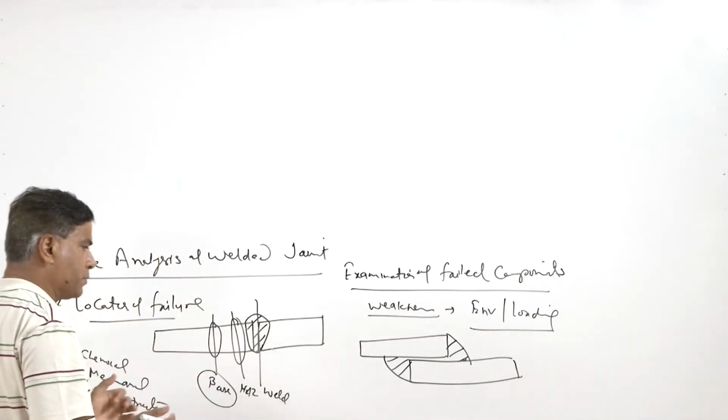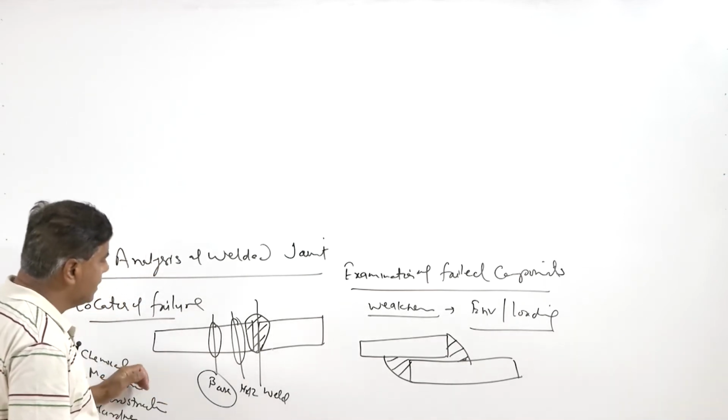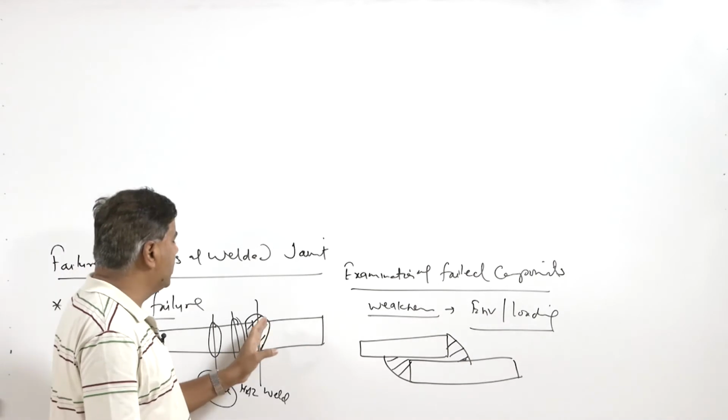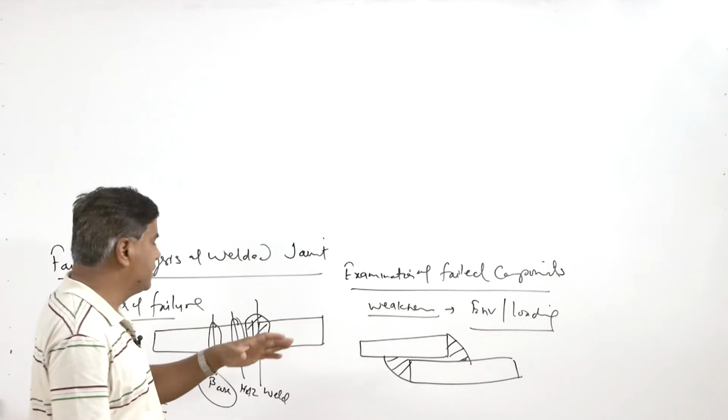What are the aspects to be investigated? If the failure is occurring from the base, then there is no need to investigate the kind of welding process, the filler, or the preheat or post weld heat treatment carried out on the weld joint.